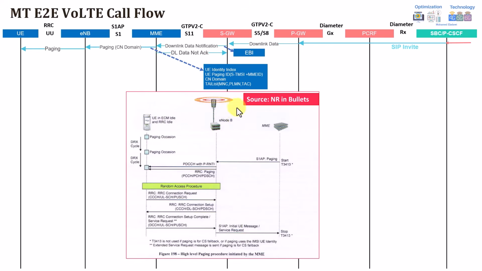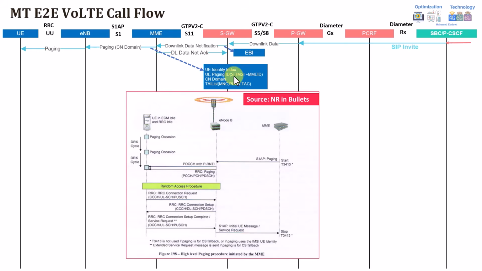It does that using this formula, which is sent directly to the user, already calculated, and it equals UE_ID mod 1024. Based on that, the eNodeB will understand what the paging frame is for this particular user.